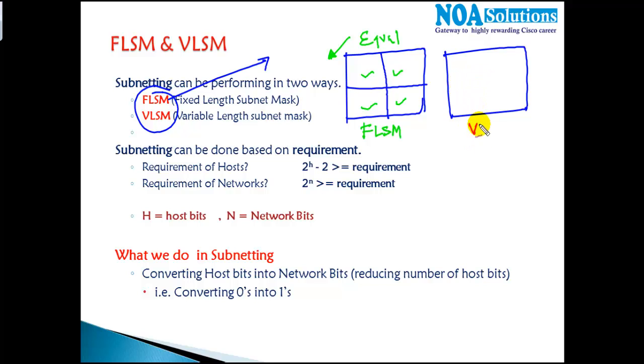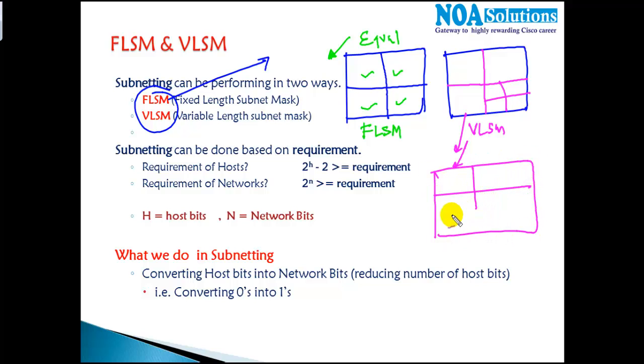Whereas in VLSM, we divide one network into variable sizes, which may or may not be equal, just like your home, where you have a kitchen, bathroom, hall, and bedrooms. You have two bedrooms of equal size, a big hall, then a kitchen and bathroom, so variable sizes.